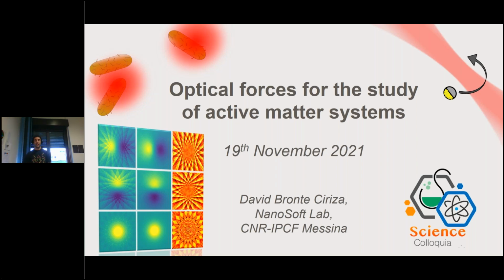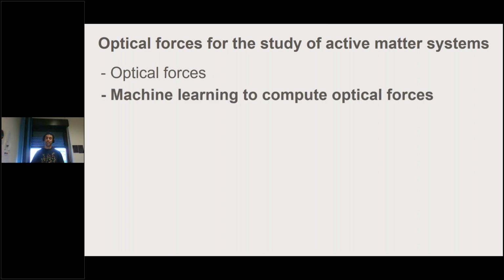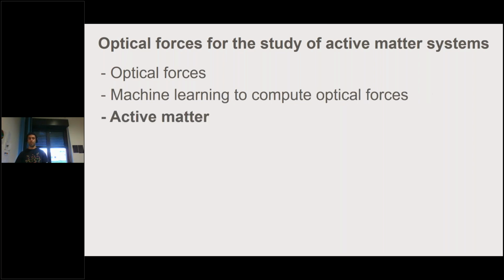So today I would like to talk about optical forces for the study of active matter systems. I have divided the talk in 4 small sections. First, I want to explain a little bit about what optical forces are. Then I will explain how we can use machine learning to enhance these optical forces calculations.